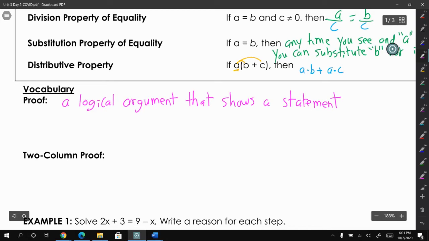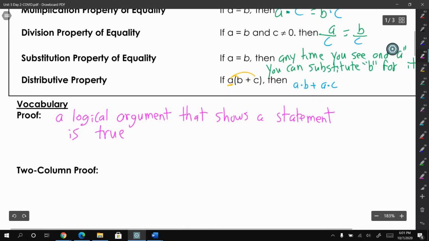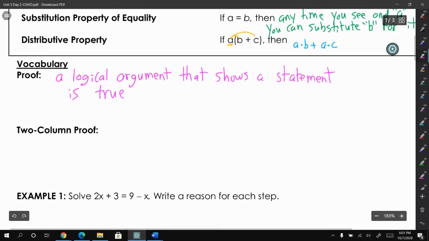You might be arguing with your friends, and they may say, your argument is illogical. That doesn't make sense. A proof, though, is based on logic. And the type of proof that we're going to use is called a two-column proof. This is just one of the ways you can organize your thinking when you are making a proof, or if you're trying to prove something.